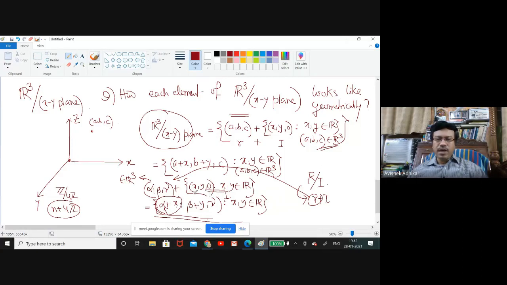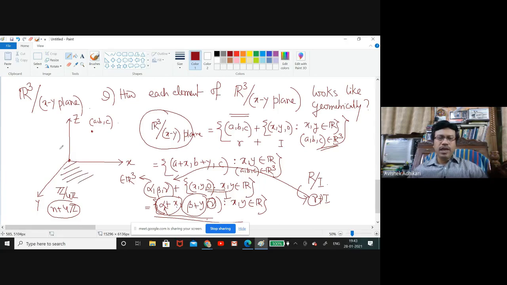Similarly, this varies over the whole of R, but this is a fixed gamma. And depending on this gamma, for a fixed value of gamma, you are basically getting a plane, which passes through gamma and which is parallel to this xy plane.